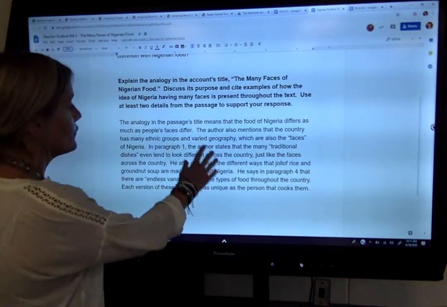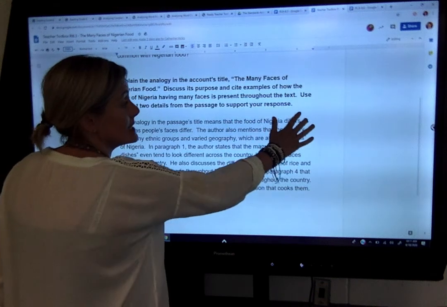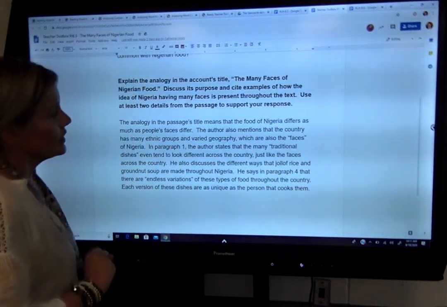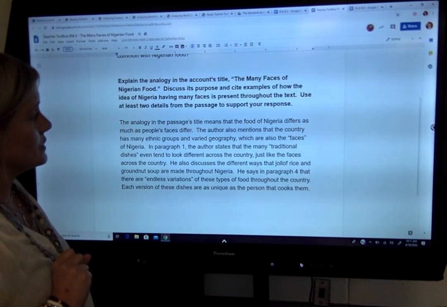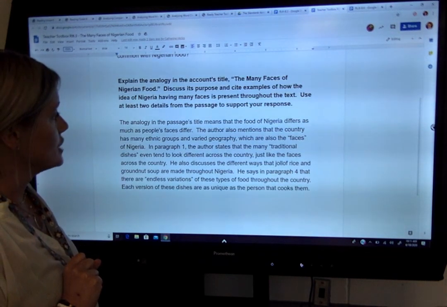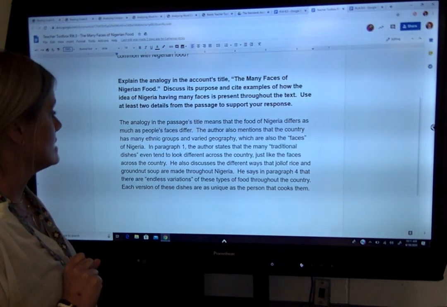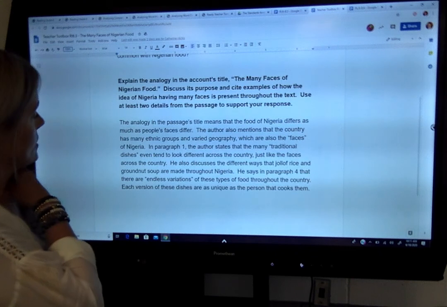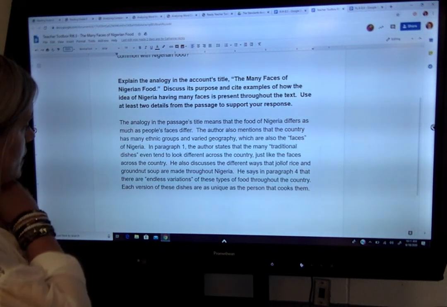Now, the food has the different varieties. The author also mentions that the country has many ethnic groups and varied geography, which are also the faces of Nigeria. And I need a quotation to close that.